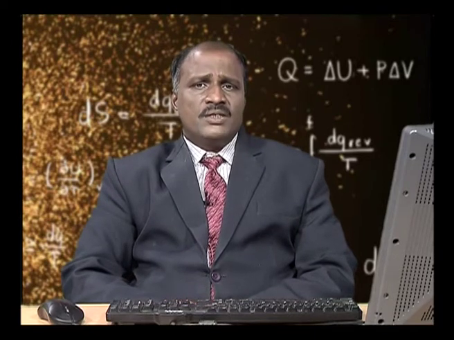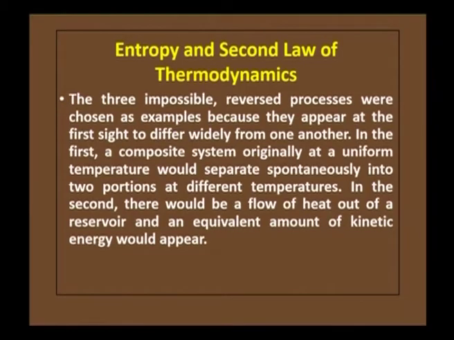Next, the topic is entropy and the second law of thermodynamics. The three impossible reverse processes were chosen as examples because they appear at first sight to differ widely from one another. In the first, a composite system originally at a uniform temperature would separate spontaneously into two portions at different temperatures.